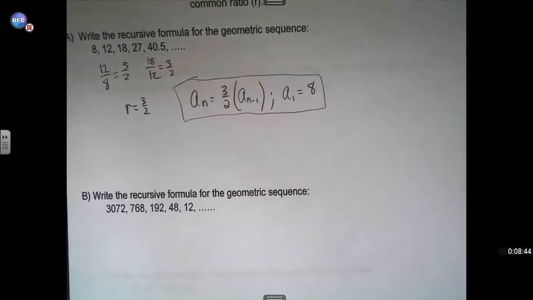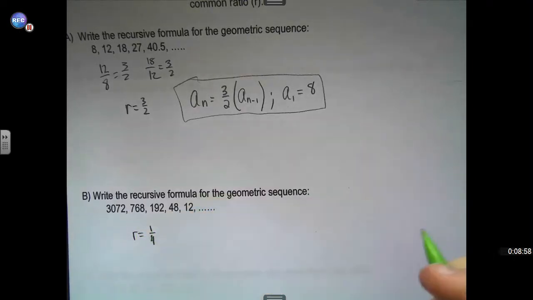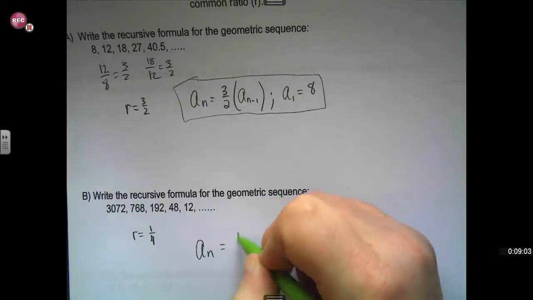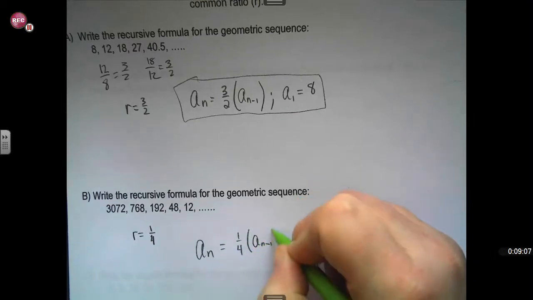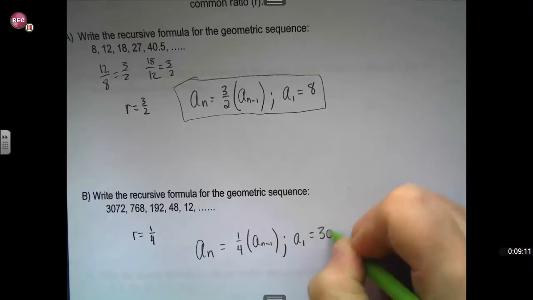Okay, write the recursive formula for the geometric sequence, and this one's r is going to be a fraction. 768 divided by 3072 is 1/4. So r is 1/4. So the recursive formula is a sub n equals 1/4 times a sub n minus 1, and a sub 1 equals 3072.